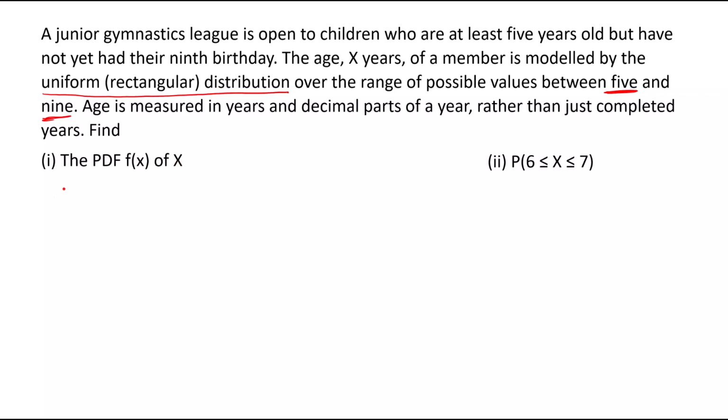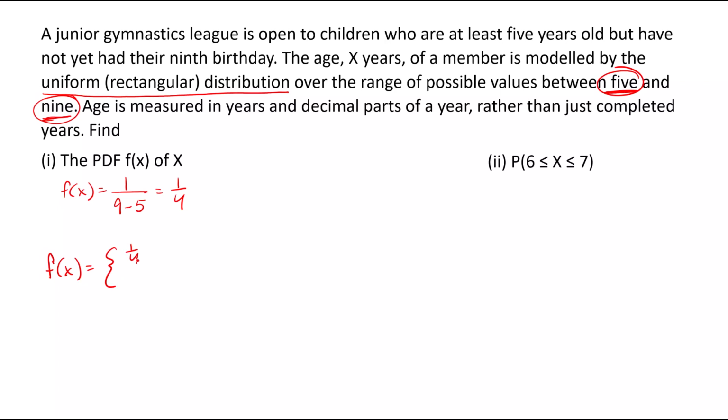So we would need to do f of x is equal to 1 over b minus a, and this 5 to 9 is our range of values. So we're going to do 9 minus 5. And of course that equals 1/4. So what we would write is f of x is equal to 1/4, just that.